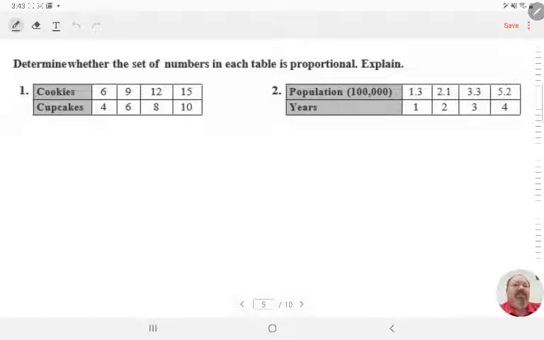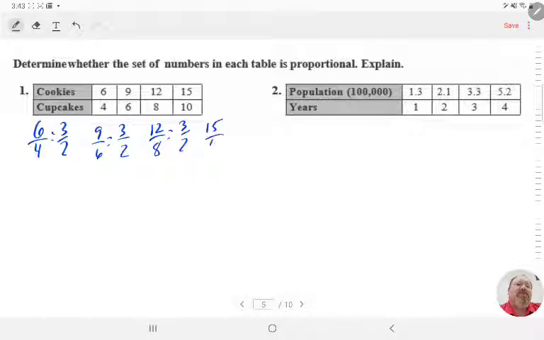So let's look at these two. We have 6/4. That could simplify down to 3/2. We have 9/6. That can simplify down to 3/2. We have 12/8. That can simplify down to 3/2. And 15/10 can simplify to 3/2. So therefore, yes, that is proportional.